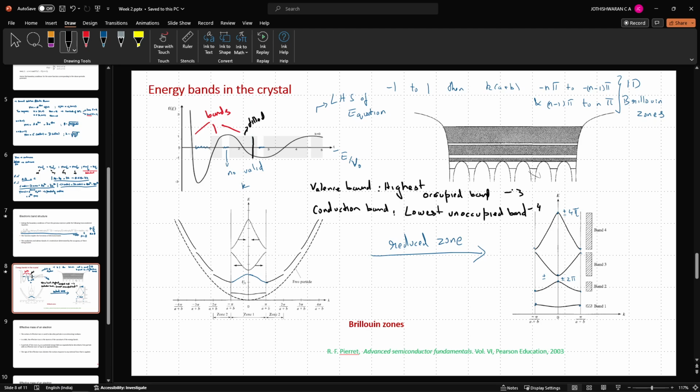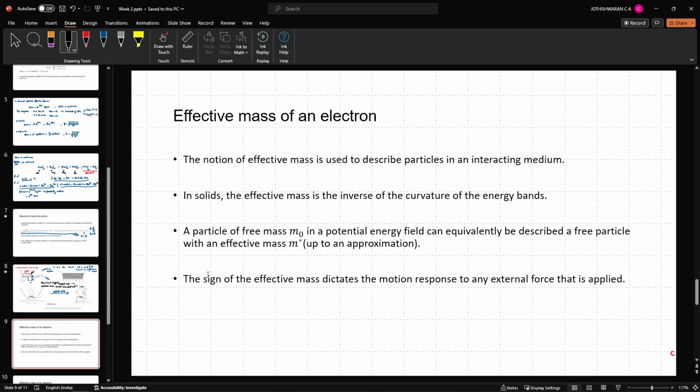Now, just because I'm defining a conduction band and a valence band does not imply that we can decide if the material is going to be conducting or insulating. That cannot be said directly. To decide how conduction will take place, we need to understand the concept of effective mass. We shall be spending most of today's session on this part.